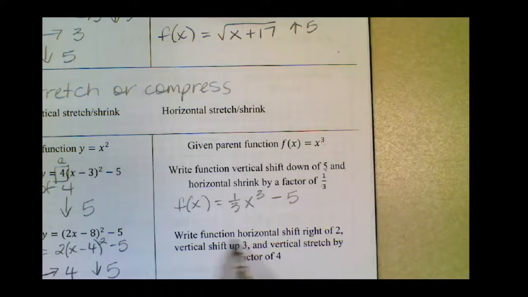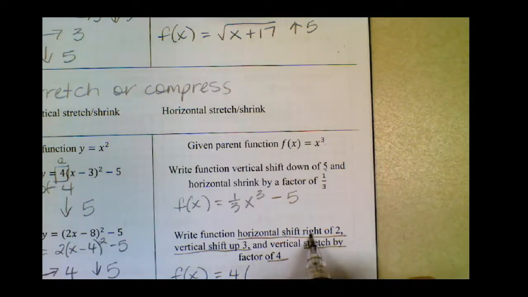So now in the second example, we've got a horizontal shift to the right of 2, a vertical shift up of 3, and a vertical stretch of 4. So our stretch is going to come in the front. That's going to be a 4. Now we have to deal with this horizontal shift to the right.